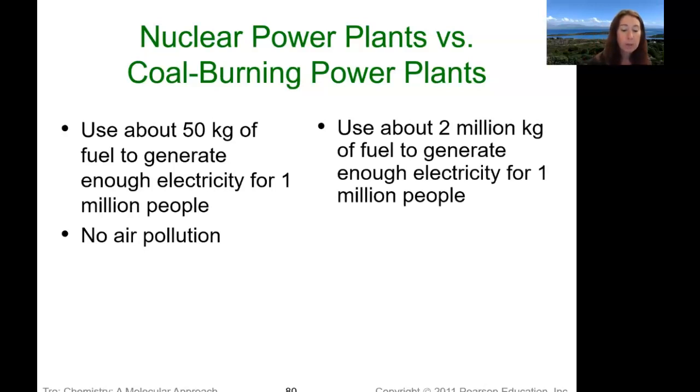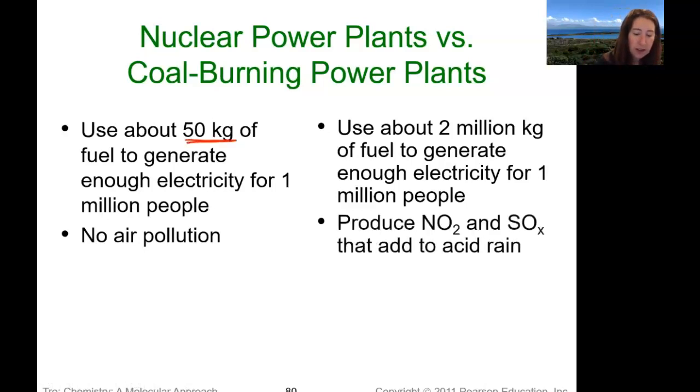So if you had a coal burning versus uranium fuel, uranium uses about 50 kilograms, has no air pollution. Coal, 2 million tons.